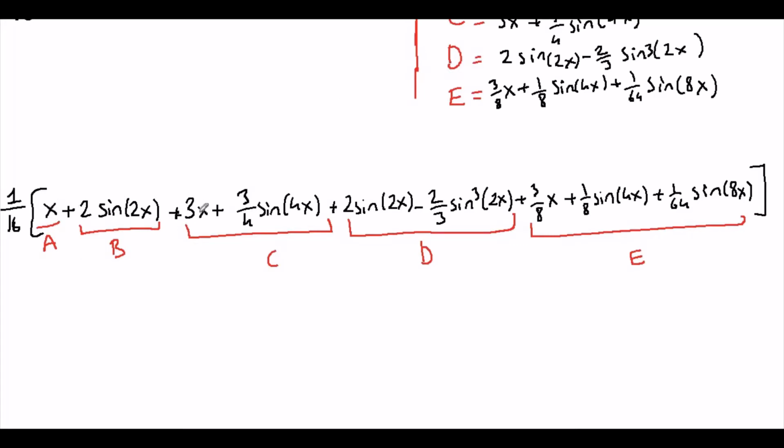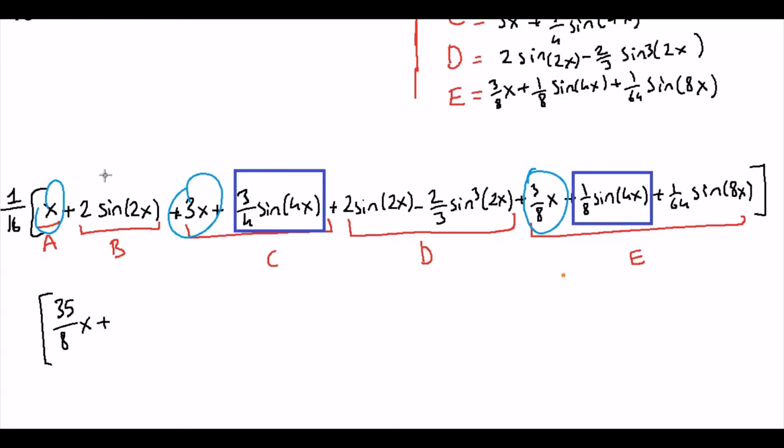We have x, 3x, and 3/8 x. Altogether we make 35/8 x. Another set of like terms are sine of 4x, and another are sine of 2x. You can either combine before you distribute, or distribute and then combine. I would like to combine before I distribute.